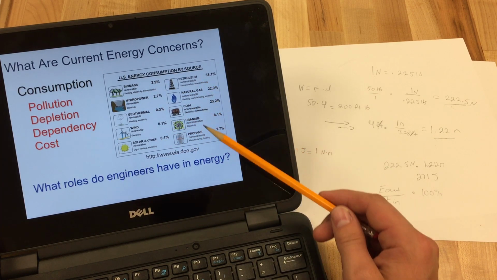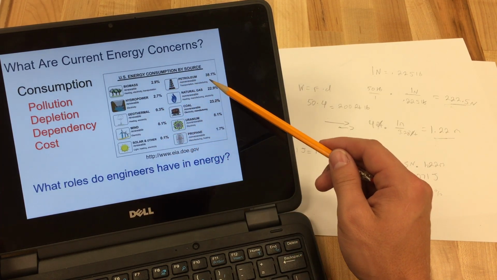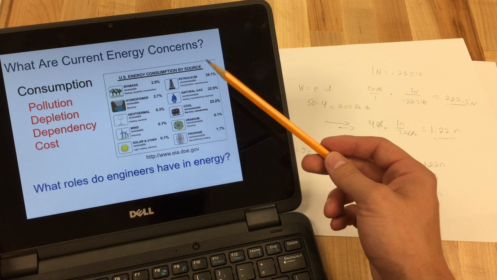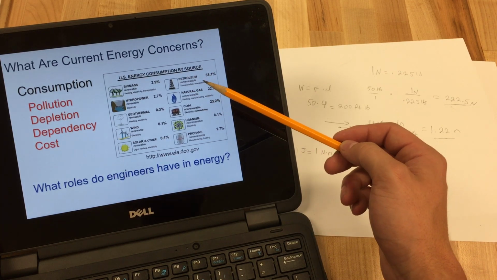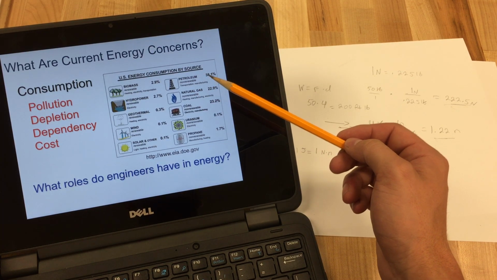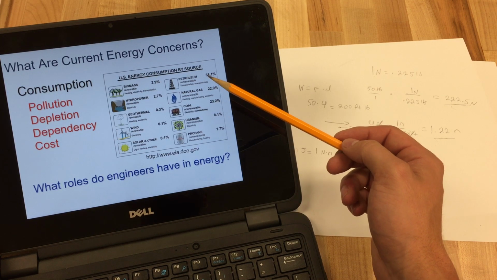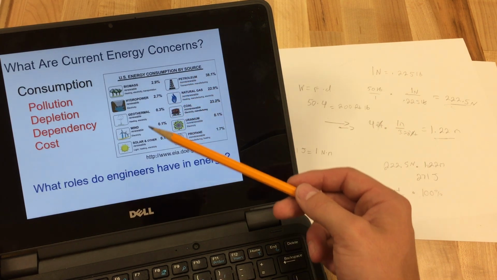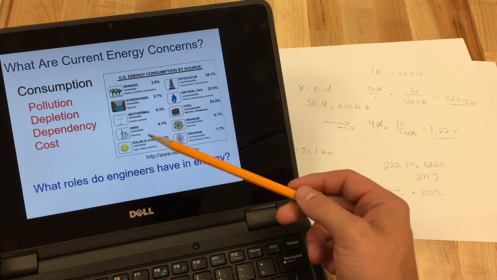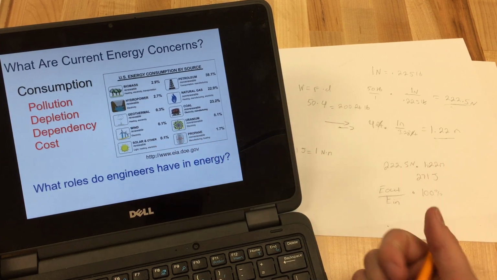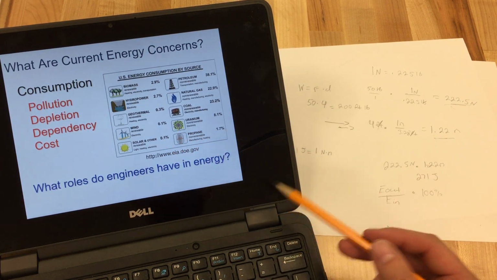Based off of our consumption, as you can see, petroleum is our highest, and that is a non-renewable. While there's still quite a bit of petroleum left, there are initiatives to try and move towards renewable sources, such as wind and solar. But we'll see where we go with that.